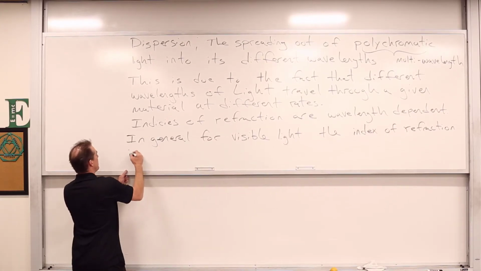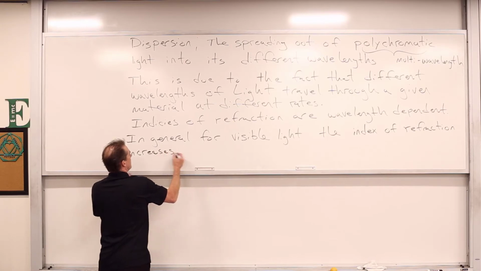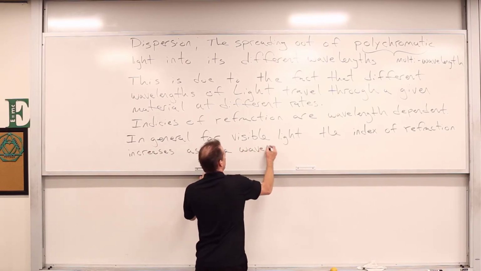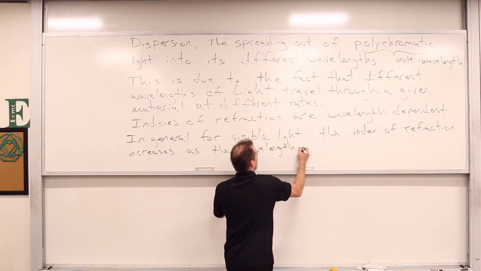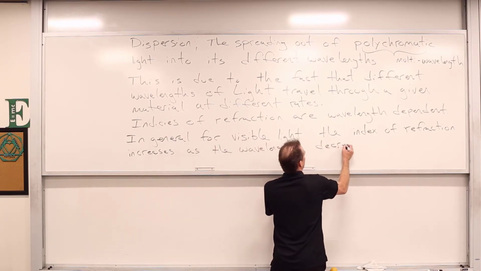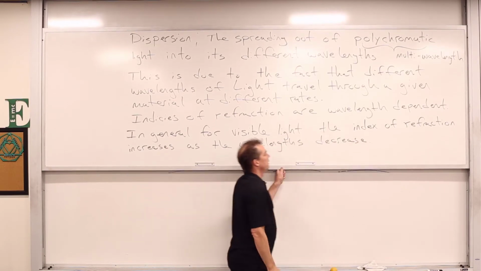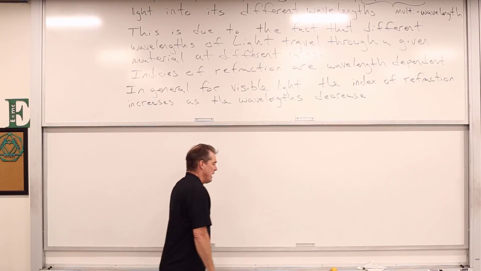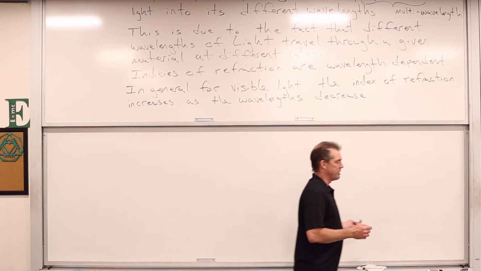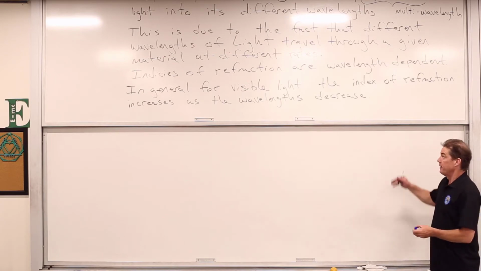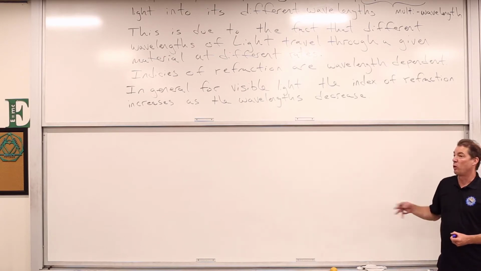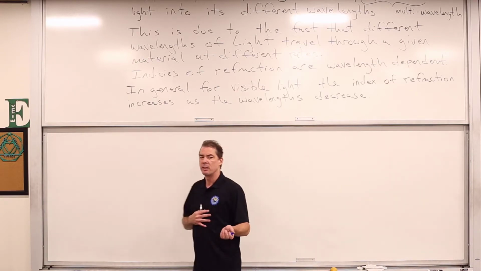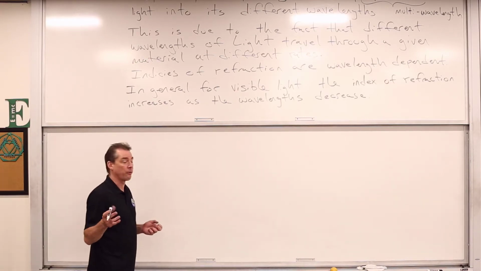The index of refraction increases as wavelengths decrease. What does that ultimately mean? Well, in terms of angles of refraction or changes in direction, it means that shorter wavelengths are going to undergo greater amounts of changes in their paths because they have higher indices of refraction.